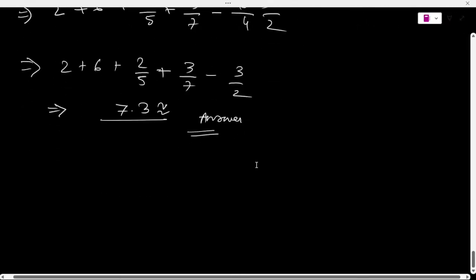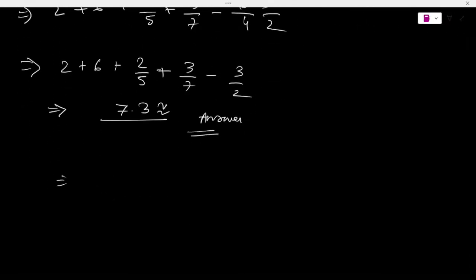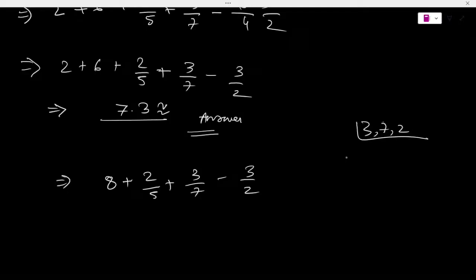Okay, let's do that carefully. So 8 plus 2 by 5 plus 3 by 7 minus 3 by 2. For 5, 7 and 2, the common denominator will be the multiple 5 into 7 into 2, so 70.